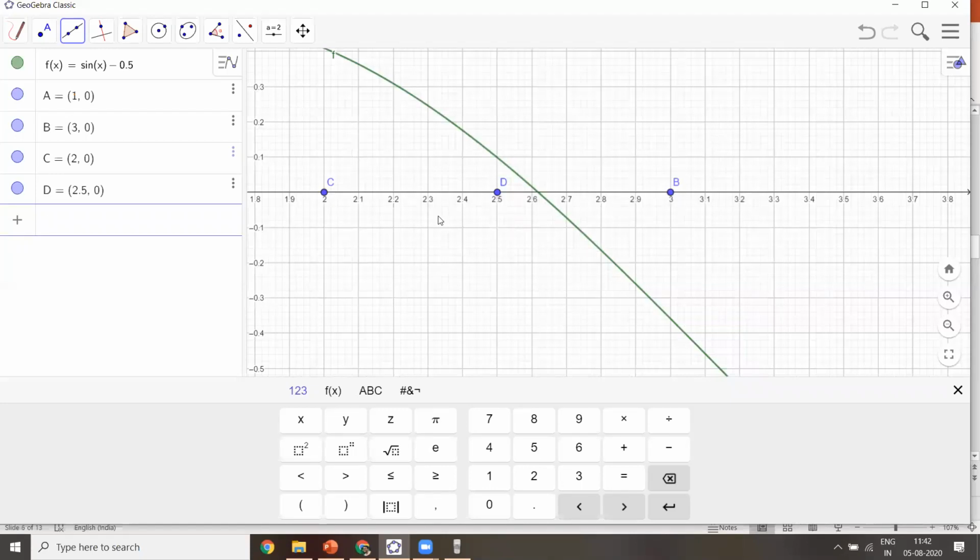Now we have two different intervals, our root might be in CD or it might be in between D and B. Graphically you can easily say that your root is between D and B. So to find that root, just take a midpoint or average of 3 and 2.5, you will get 2.75, right? I'll denote it as E equal to 2.75.